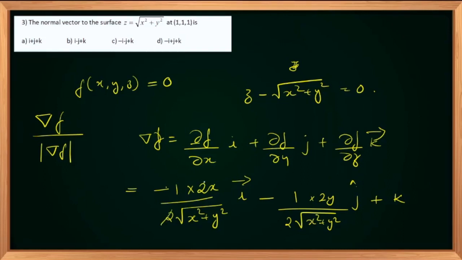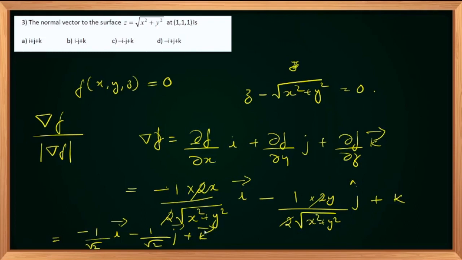Now 2 and 2 cancel. Now you put the values of x and y, and everything is 1. So minus 1 by root 2 i vector minus 1 by root 2 j vector plus k vector.